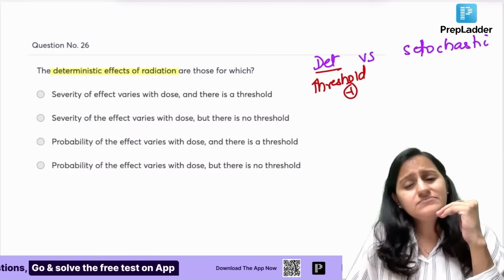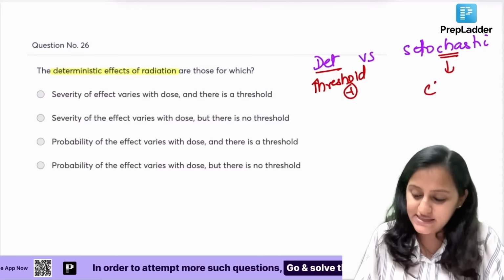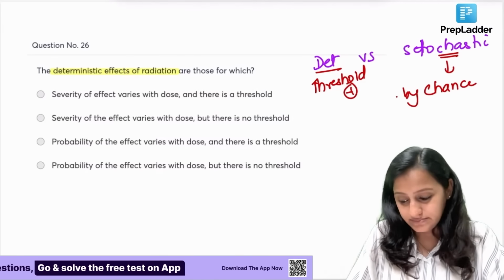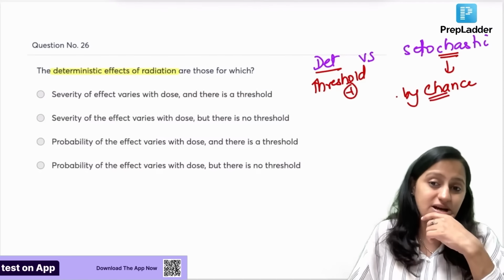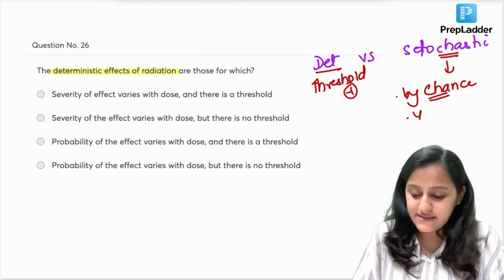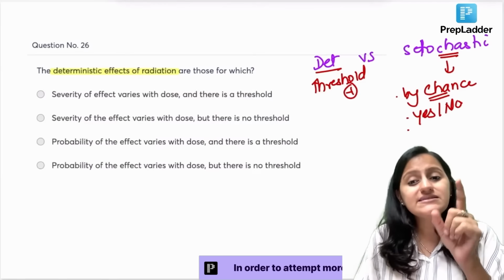It will not occur below that threshold. Stochastic is by chance. It will occur or it will not occur. That means it is a yes or no phenomenon. There is no severity here. It's a yes or no.